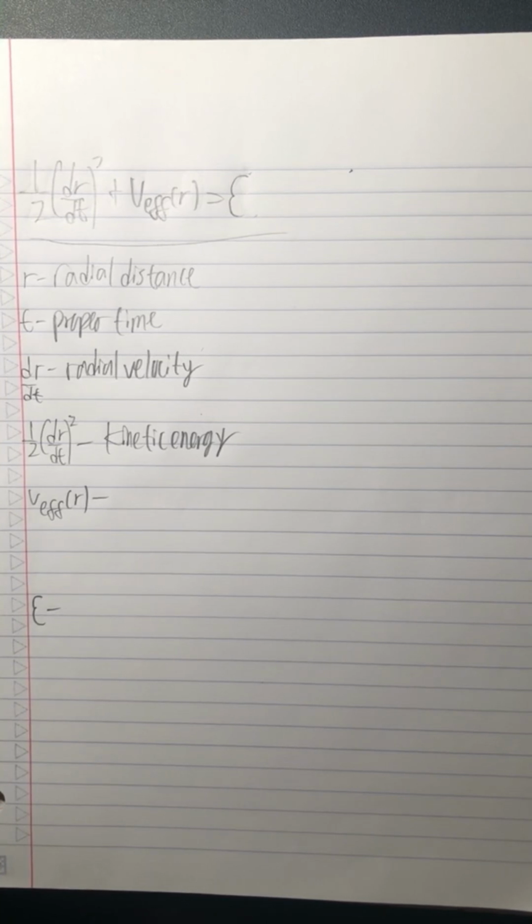Moving on to our next term, V of r is the effective potential. Rather than adding each individual force onto the object separately, the effective potential packages them all together into a single function. It covers the pull of gravity inwards and the outward impact from the angular momentum, which is the object's tendency to move away from the center because of its rotation.